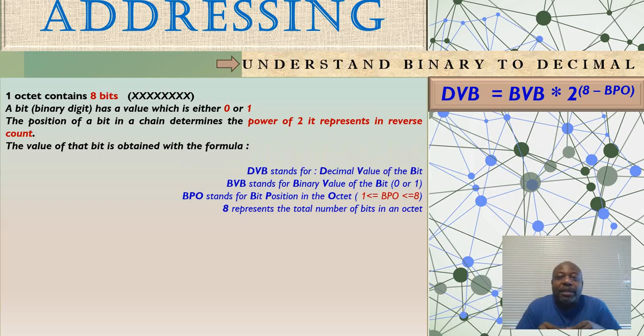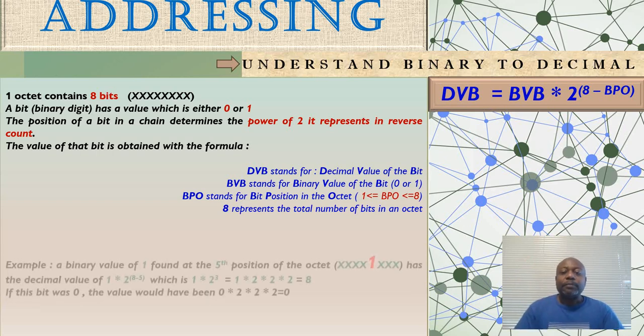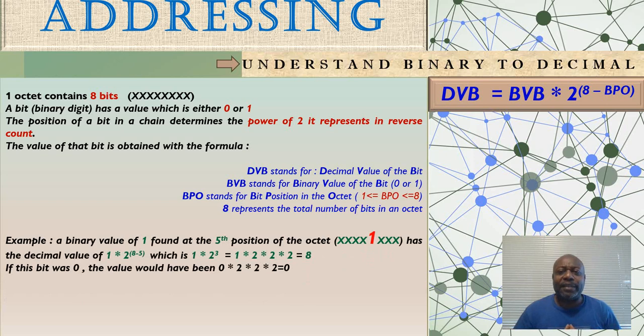If we want to determine the decimal value of a bit, we take the binary value of that bit and multiply it by 2 to the power of the size of an octet, which is 8 bits, minus the position of that bit in the octet. Let us take an example to make this a little easier to understand. Let us consider this series, this octet.